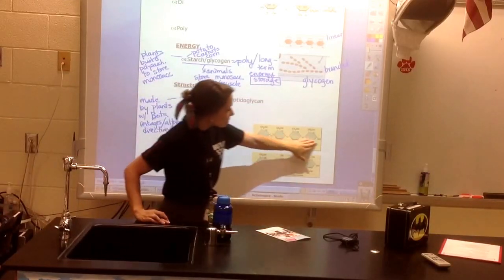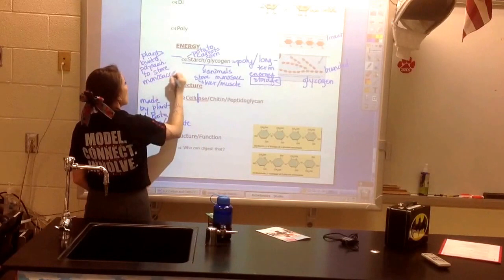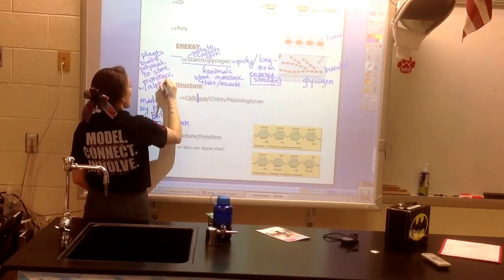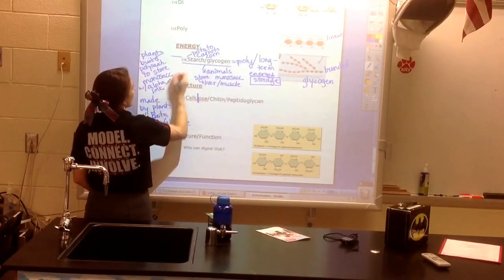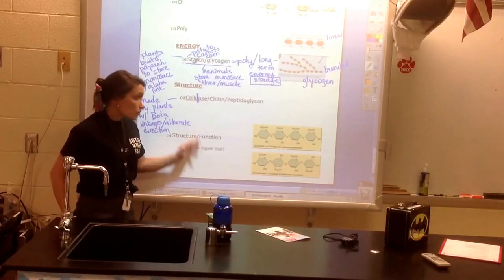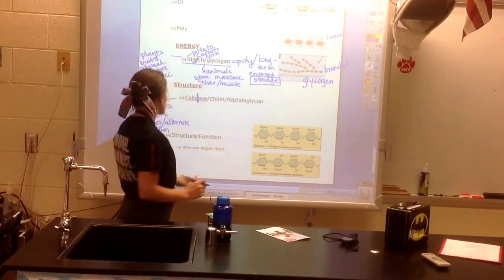Starch, the linkages are all in the same direction, and these are alpha linkages. Like alphabet, but alpha meaning first. And I kind of remember that with the A in starch, A in alpha. So they're made out of the same things, but they have very different functions.